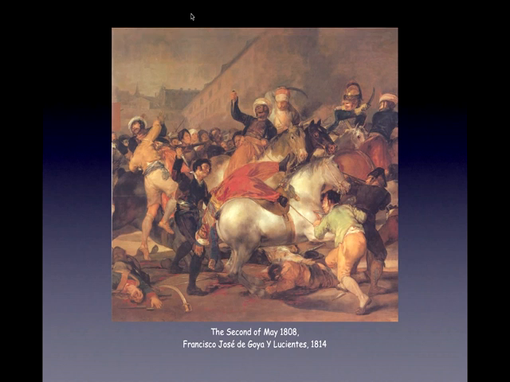And they are cutting down the Spaniards here, who have only knives, while the others have obviously more efficient weapons.